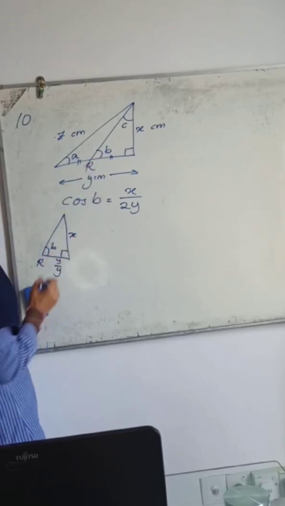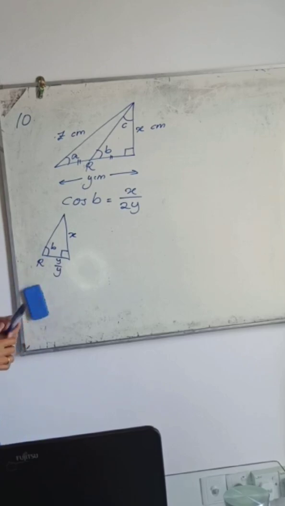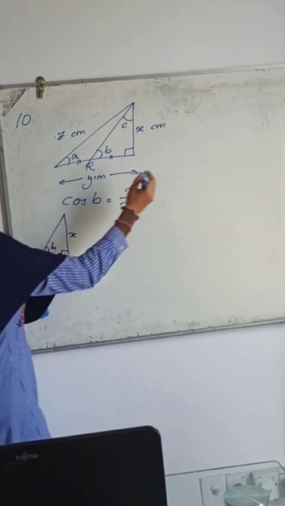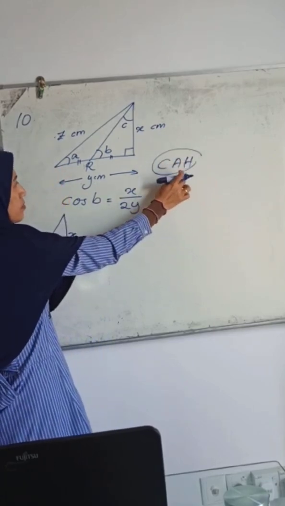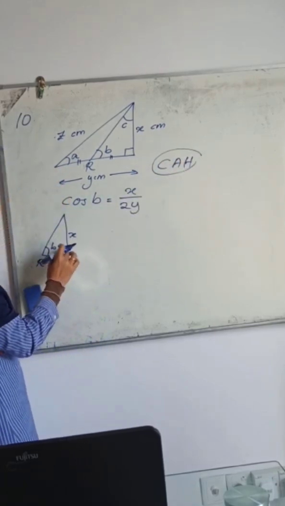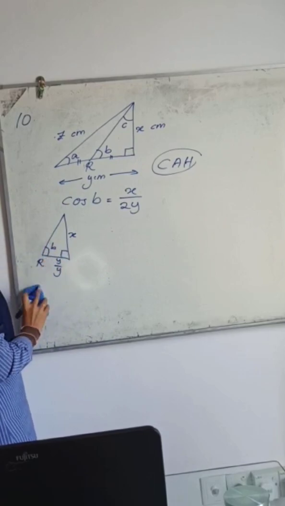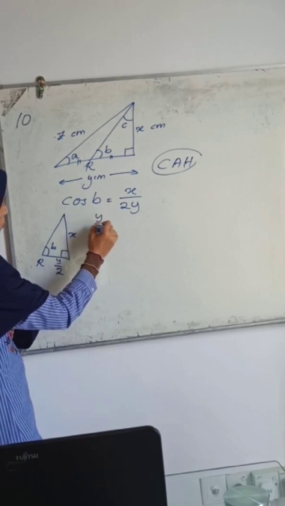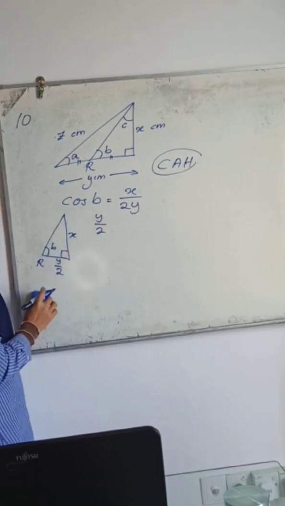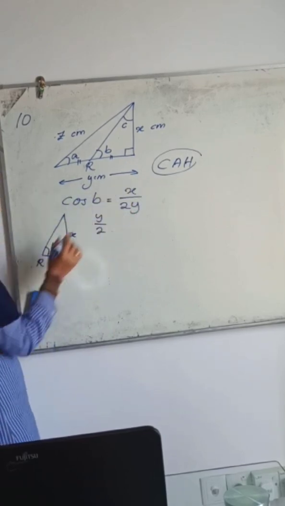So to find cos B, cos is adjacent per hypotenuse. So adjacent is y per 2, per hypotenuse.